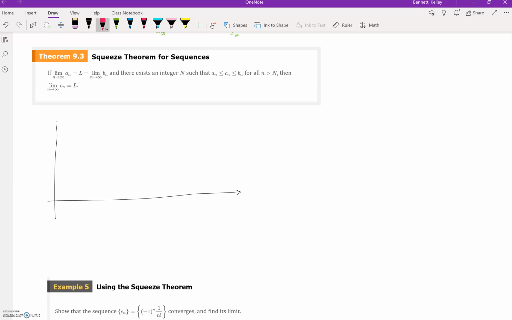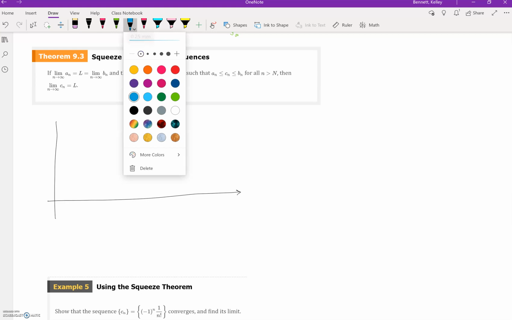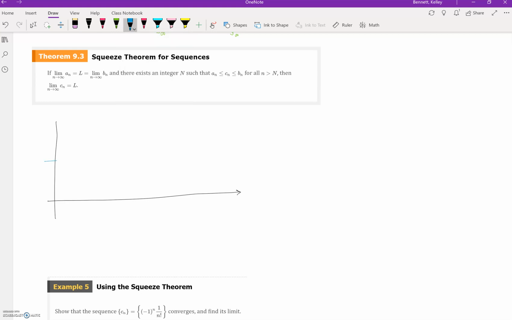If we have two sequences whose limit is L, so we're going to let this dashed blue line be L. We have two sequences, A sub n and B sub n, and they both converge to L. So that means that there's some sort of epsilon band.